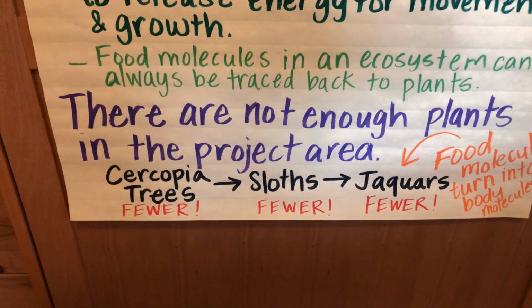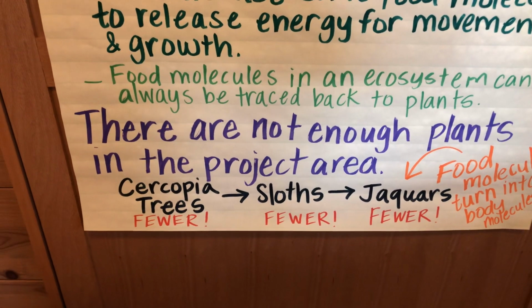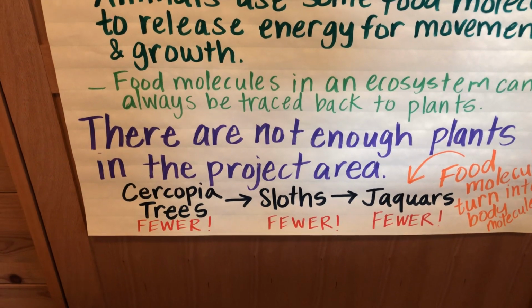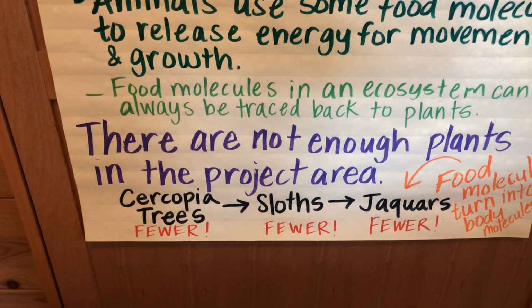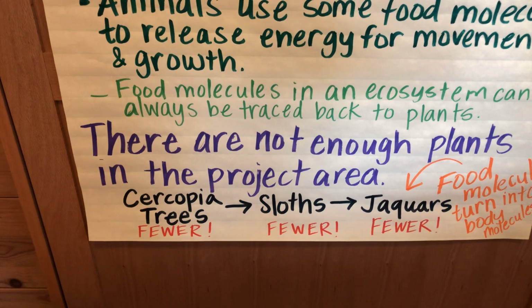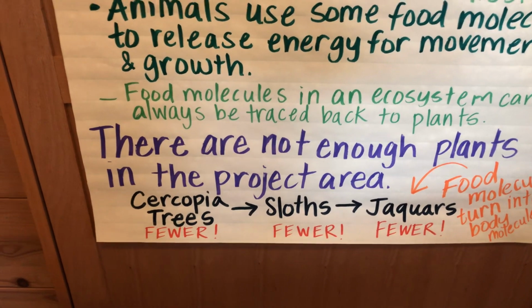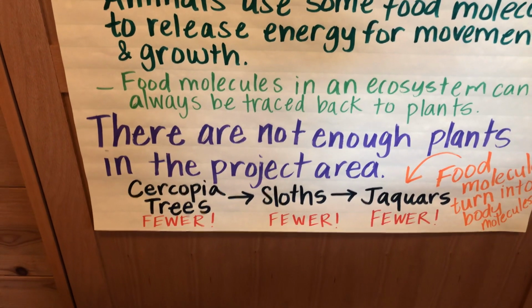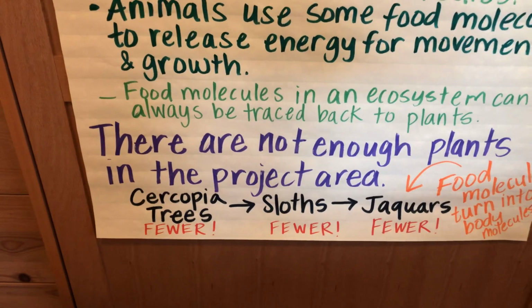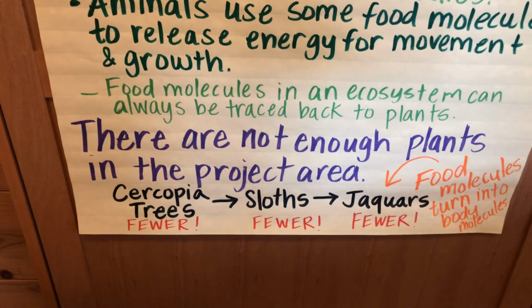Then we decided that there are not enough plants in the project area, and that's why the sloths and jaguars were not growing and thriving, because jaguars eat the sloths and sloths eat the Cecropia trees. And since there were fewer Cecropia trees, that meant that there were fewer sloths, and then that meant that there were fewer jaguars.